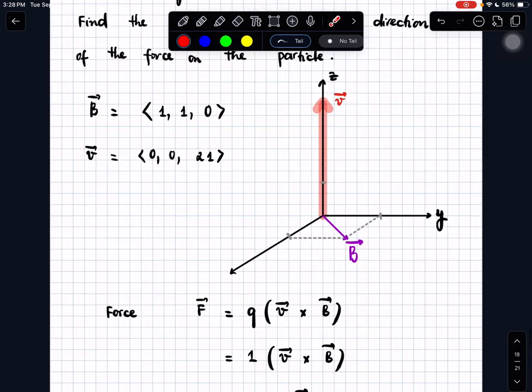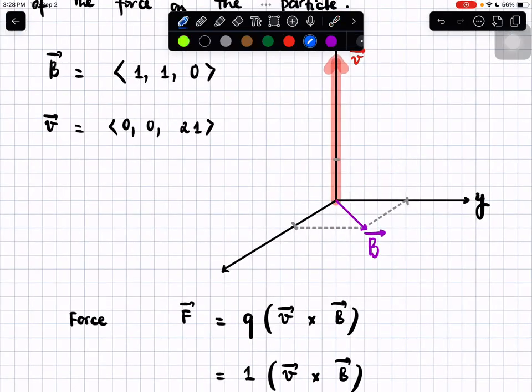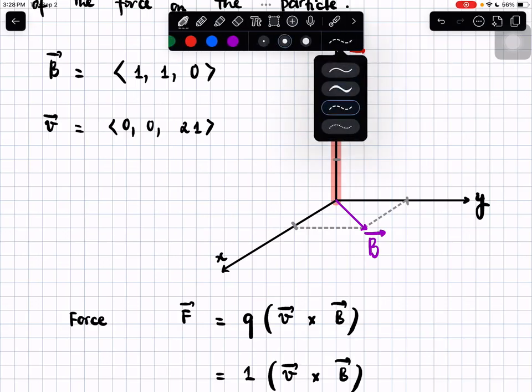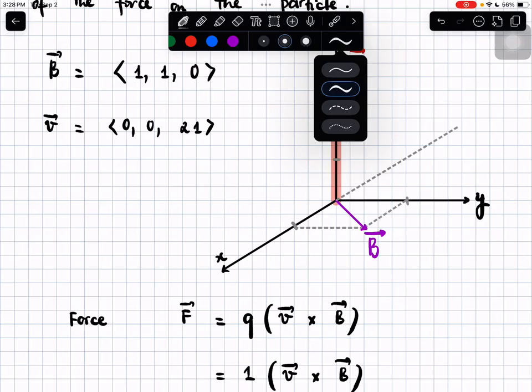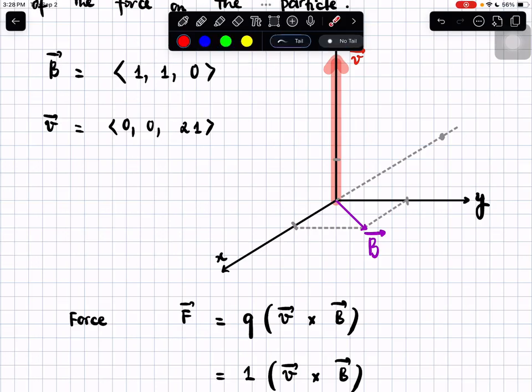So minus 21 is here on the x-axis, in the negative direction. Assume minus 21 is at this point, and 21 is at this point, so somewhere there, and then 0.